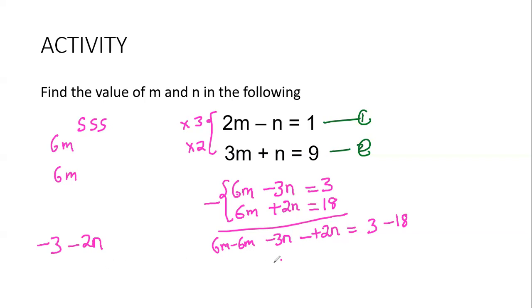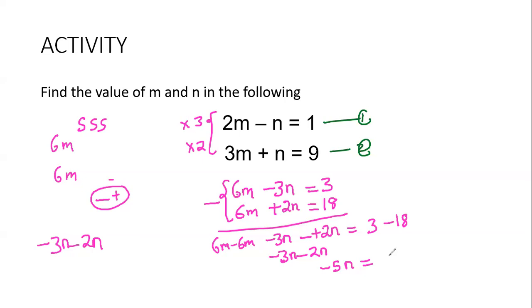Must be negative N. Negative 3 minus, but here there's negative and positive. Remember, negative and positive, they come together, they become negative. So here it becomes negative 3 minus 2N, which is equals to negative 5N.